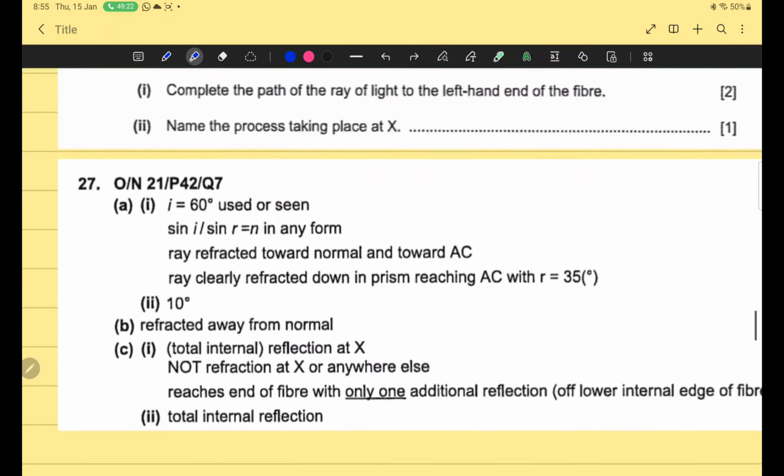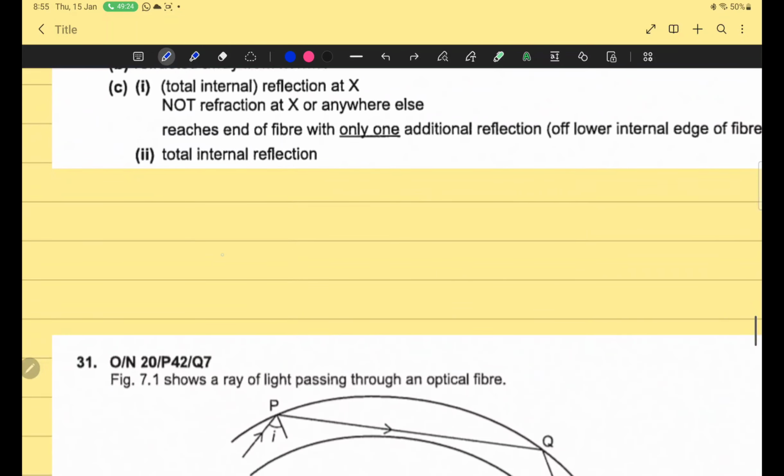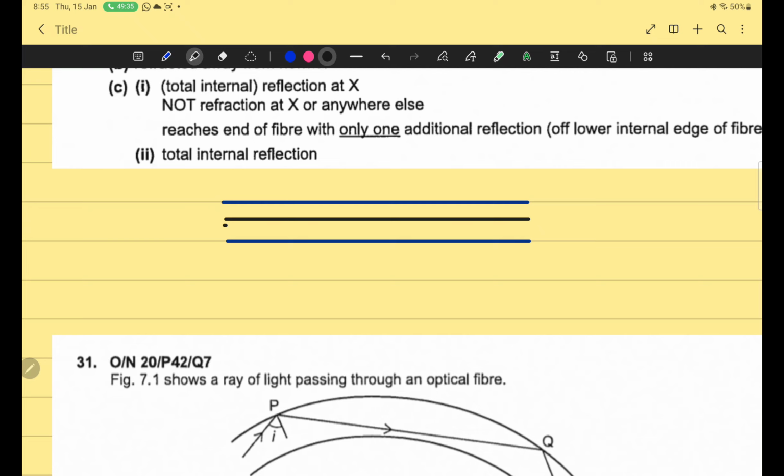In our daily life, we use wires or cables for electricity. And for electricity, the wire is made of copper. This black line is a copper wire, and around the copper wire there is a thick insulation.